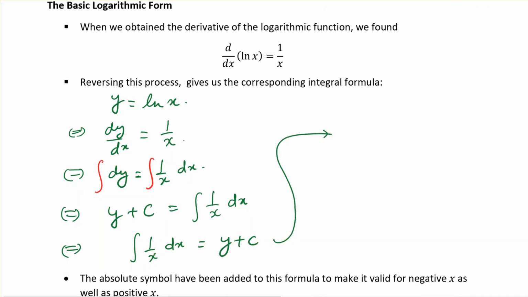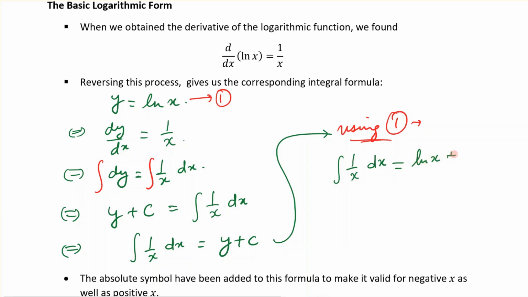We notice that in the beginning y is ln x, so I'm going to call that number 1. Using number 1 in the expression we just obtained, we find that the integral of 1 over x dx is equal to ln x plus c, since we just replace the value of y.